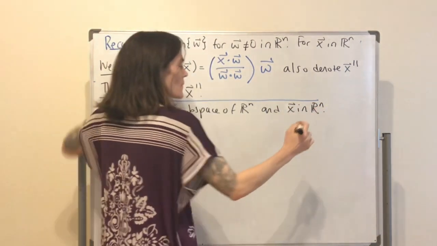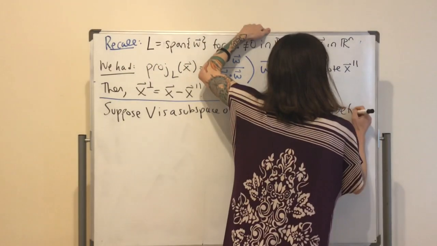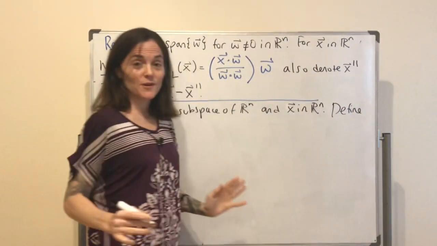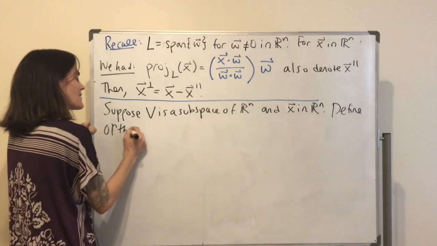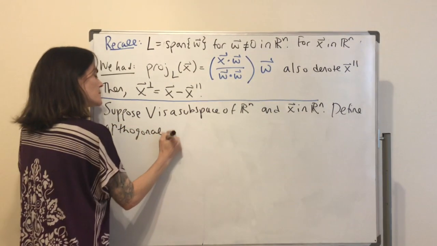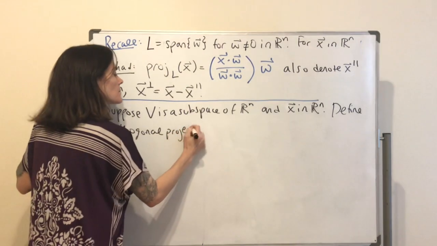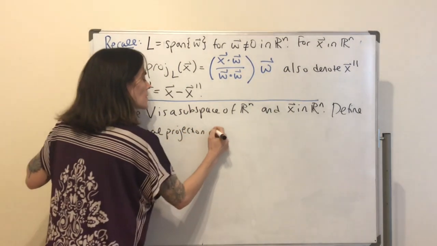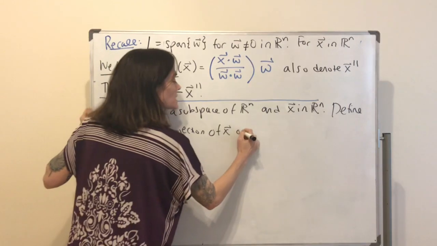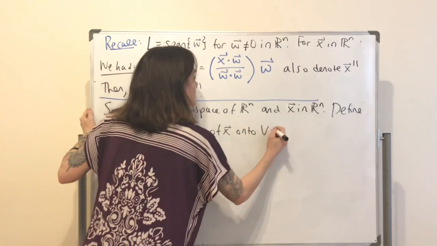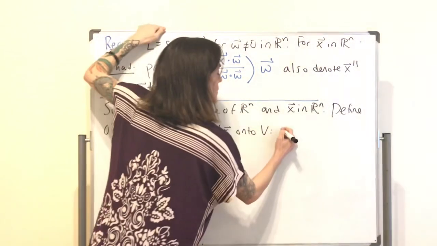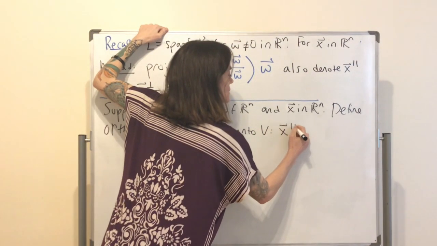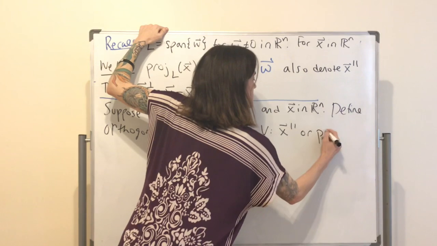And then we want to define the orthogonal projection of X onto the subspace V. And this will be denoted, well, we still have this notation or this notation.